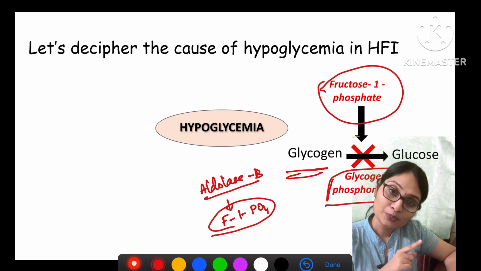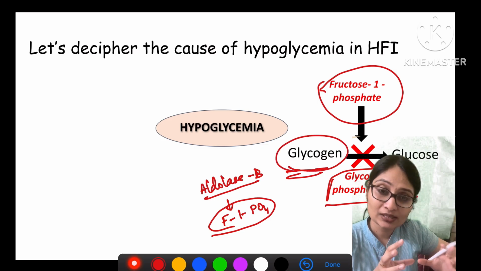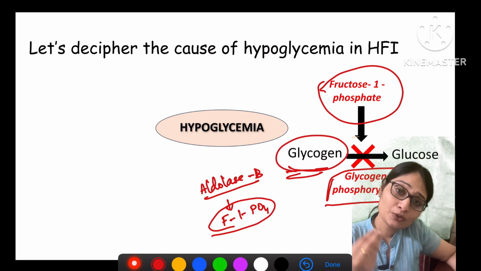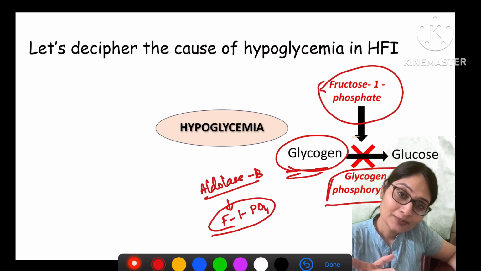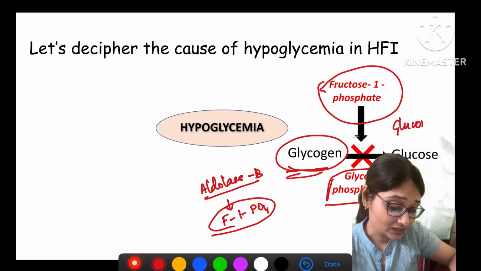But whenever there is hypoglycemia, it's not just glycogenolysis that acts as a reserve for glucose, right? Glucose can be produced from non-carbohydrate substrates like lactate, alanine, etc. What is that pathway called? That's nothing but gluconeogenesis.